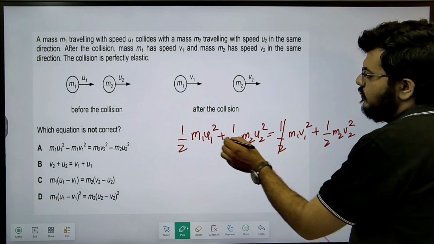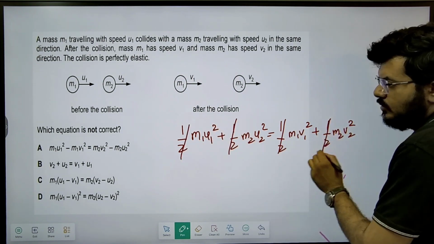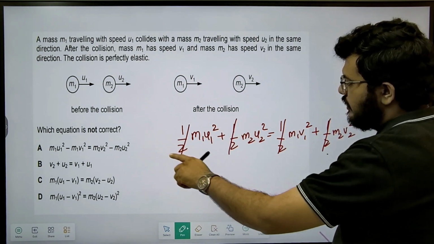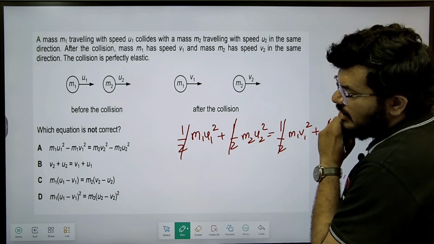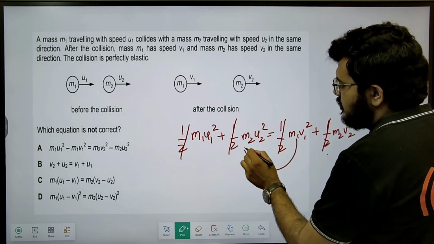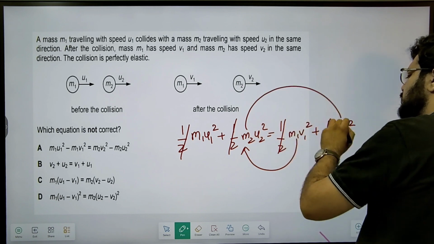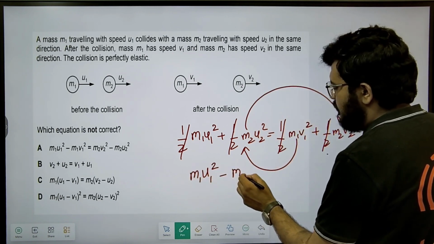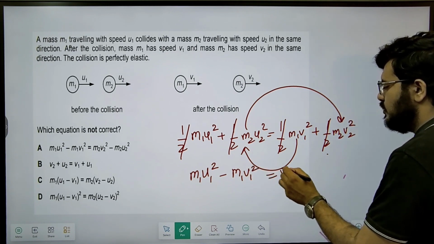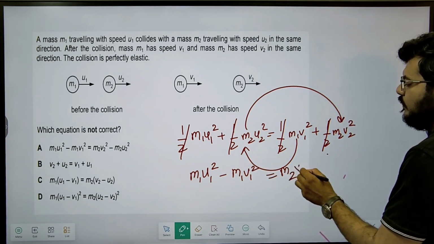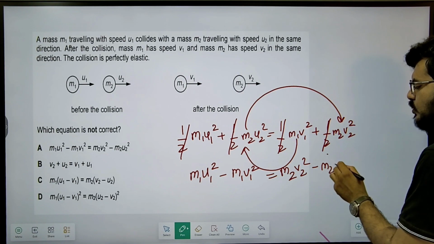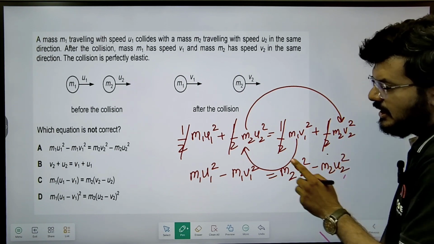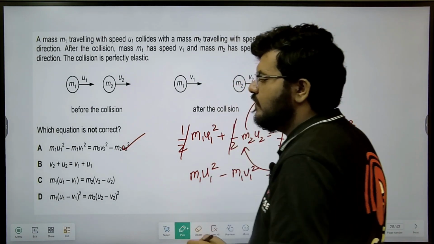If you cancel 1 by 2 everywhere, you get the required equation. Then if you transpose terms, you have m1 u1 square minus m1 v1 square is equal to m2 v2 square minus m2 u2 square. Is this the exact equation? Yes, it is. So this is a correct equation.